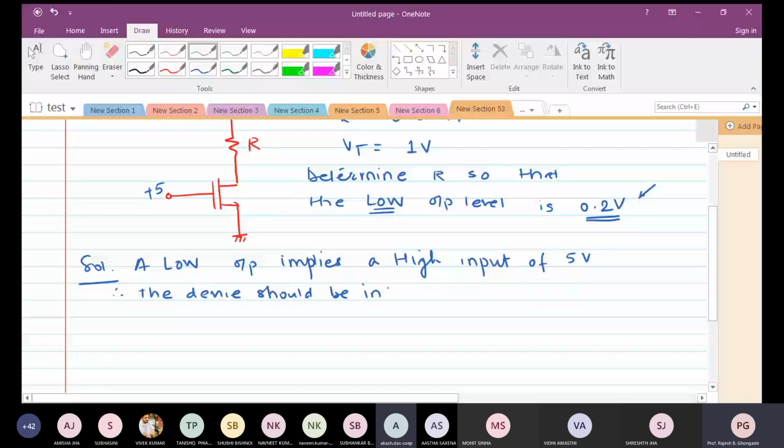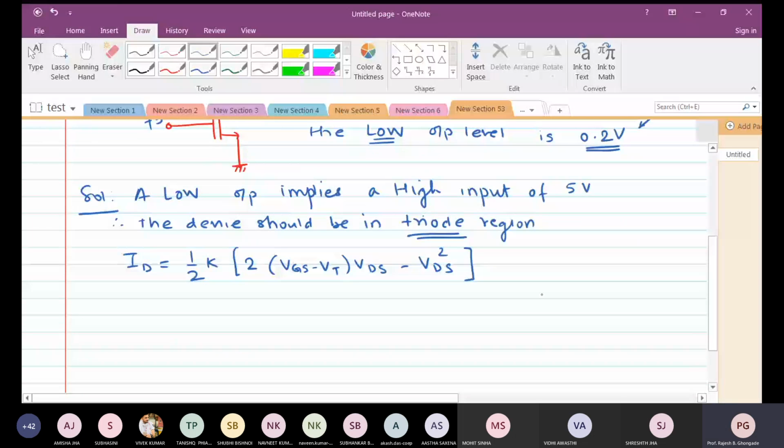Triode region. Correct. Triode region. So in triode region, what is the equation for drain current? You will recollect this. Do you remember this? Of course, we are neglecting the early effect and all this at this point of time. Simple model. Is this okay?